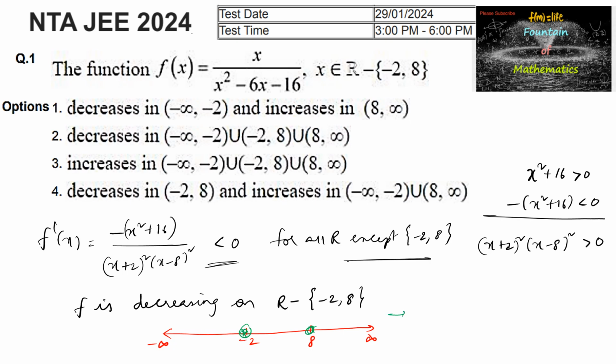So we can write x belongs to minus infinity comma minus 2 union minus 2 comma 8 union 8 comma infinity. So we can say that option B is the answer.